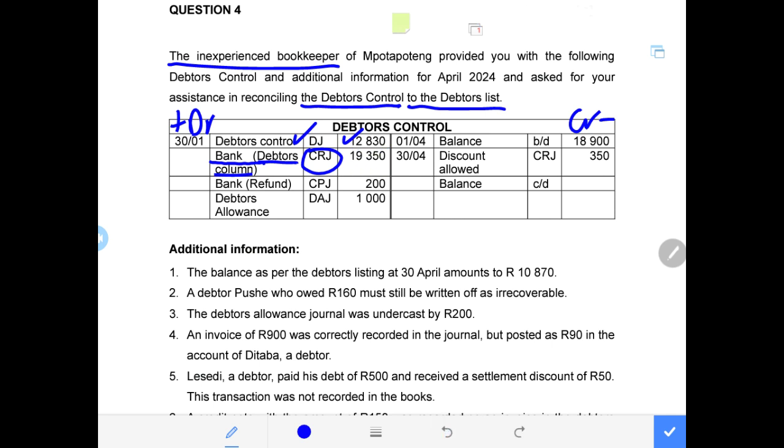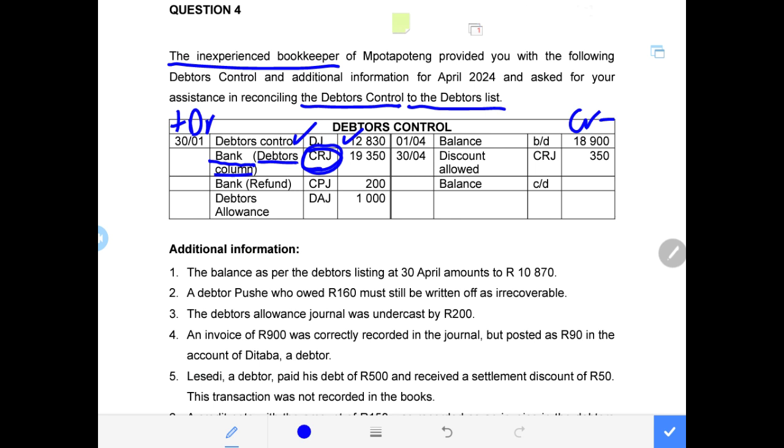So now that means the 19,350 includes discount. So discount is already included in here. And therefore, again, the bank cannot be on the debit side of debtors control, because if this is from a cash receipt journal, it means we received money from a customer who paid us.